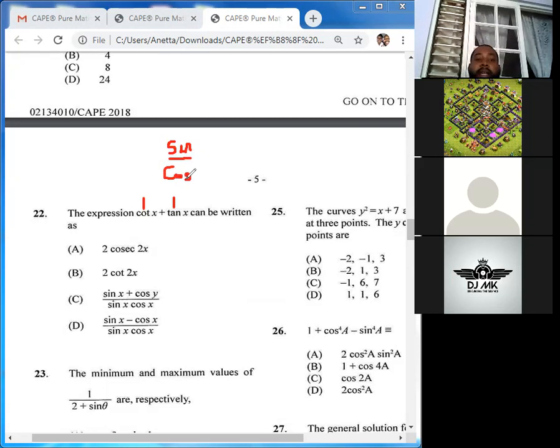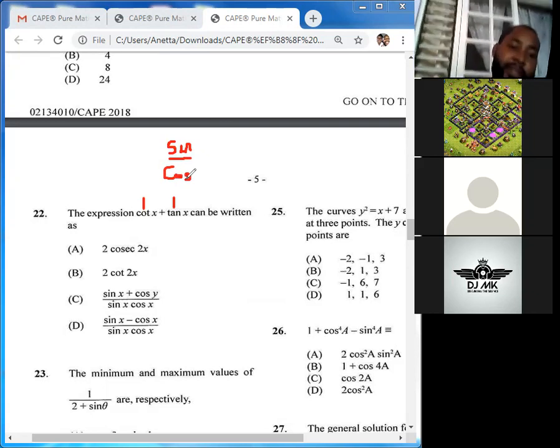So that means the cotangent is the inverse of this, so flip this: cosine over sine. And then now we're saying that if we add these two together, it's equivalent to which one of these down here.